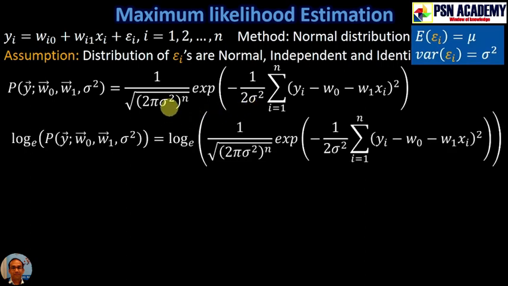And now we go for taking the log, because you know that first point is that we have to go for some derivation to find out the best fit. Now, if the expression is in product form, then it will be very difficult for you to find out the derivatives. So if the expression is in summation form, then it will be much easier to handle, right?